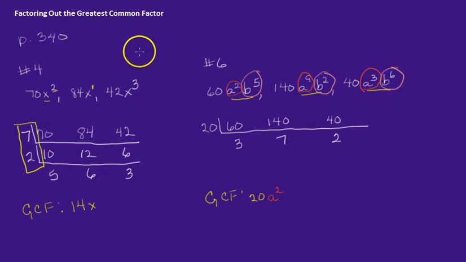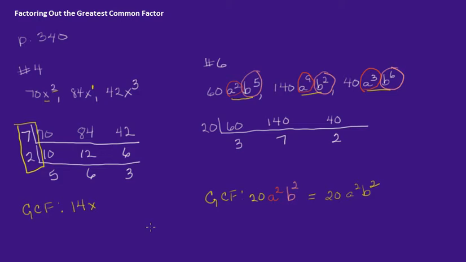Well, my B term with the lowest exponent is my B squared, so I'm just going to write that here. So my greatest common factor for these three terms is going to be 20 A squared B squared. Okay? So that's how you do that.